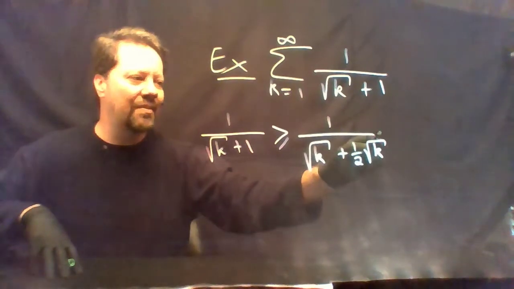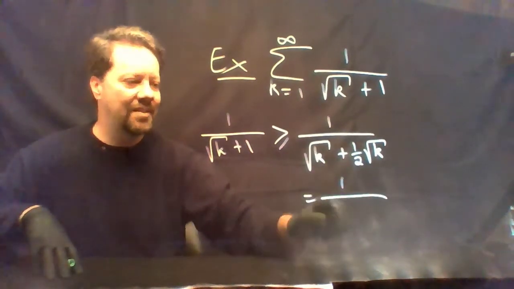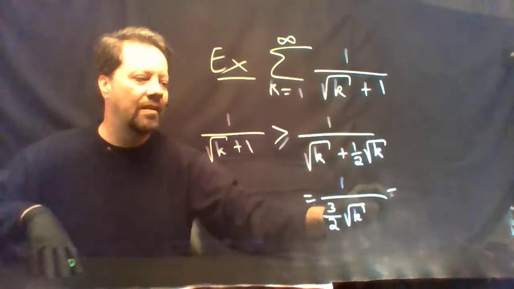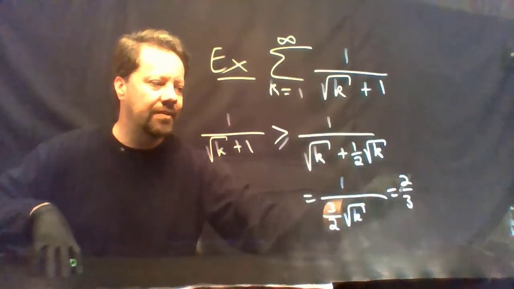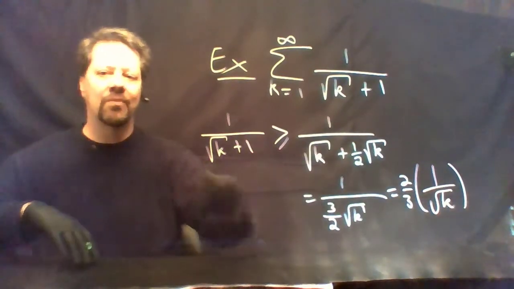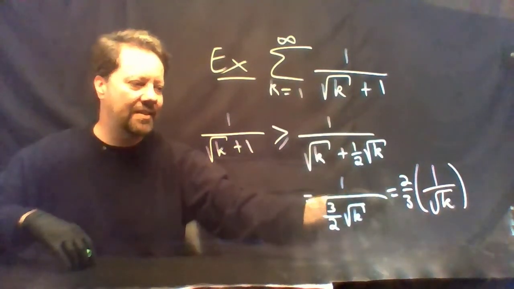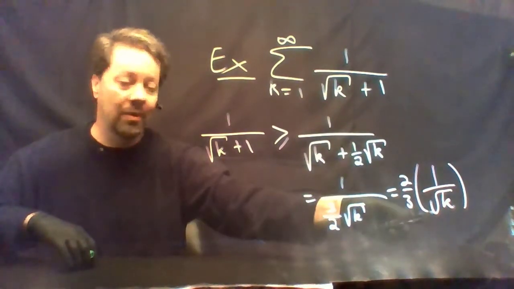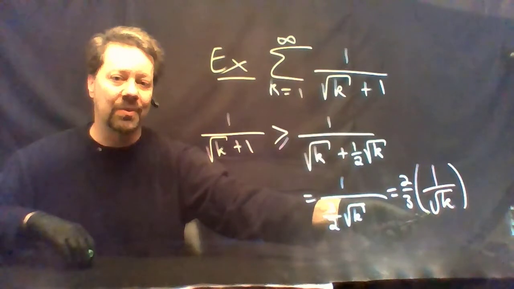So notice on the right-hand side here, this is 1 over 3/2 root k, which we can call 2/3 of 1 over root k. When we put this inside of a series with a sigma here, the 2/3 can be factored out, and it will be literally a p-series with p equals 1/2.